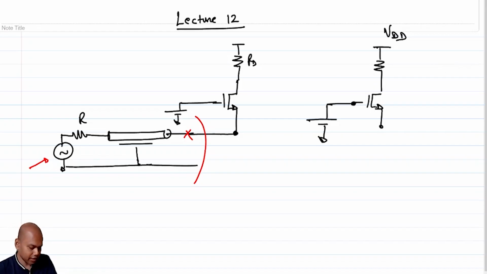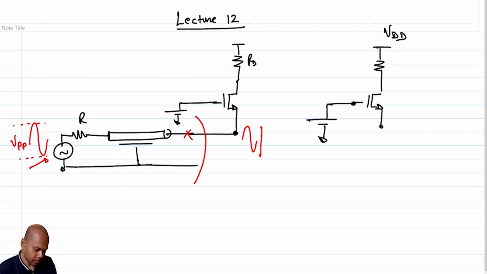But the issue with that is we expect the signal to swing here. If the input swings by Vpp, that is peak to peak voltage, how much do we expect the swing here? Here we expect the swing by Vpp by 2. So what's the problem with that?